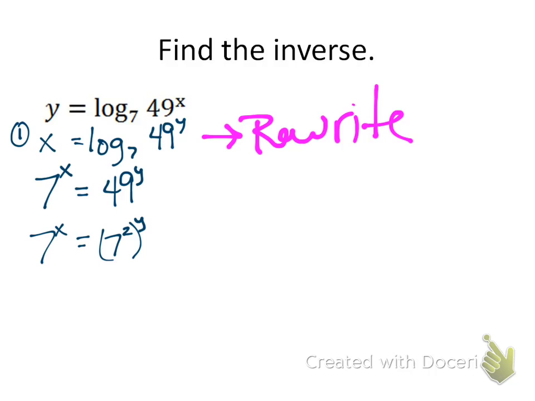A power raised to a power becomes 2y. From previous homework, we've seen that if you have the same base, we can zoom in on those exponents and say x has to equal 2y in order for this expression to be true. Now I can get y by itself, very simply, by dividing both sides by 2.